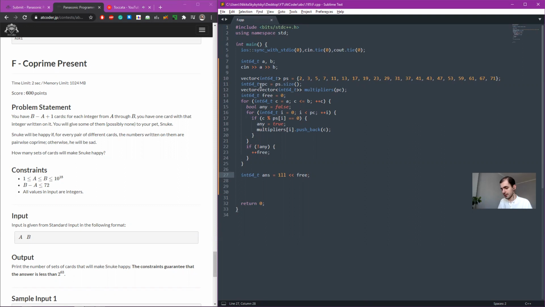What I have is prime numbers, and I have my numbers from A to B. Some of them are connected. I want to select a pairing and count how many pairings there are.